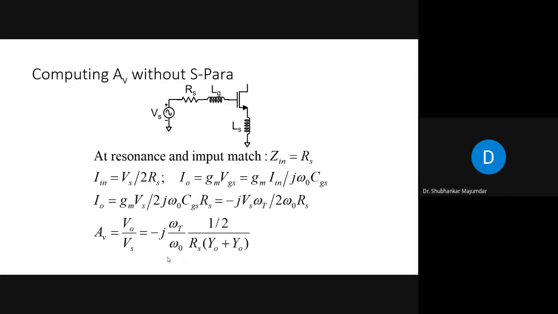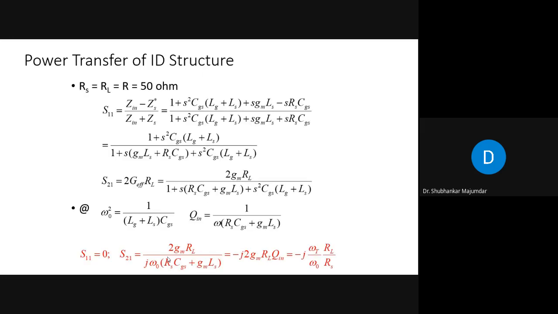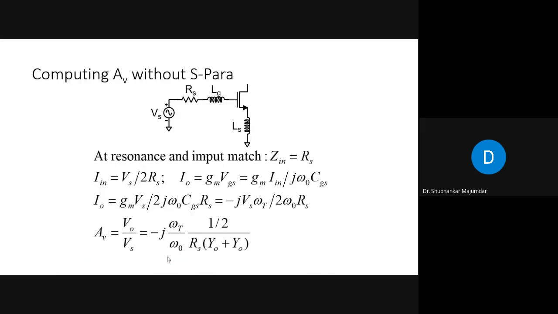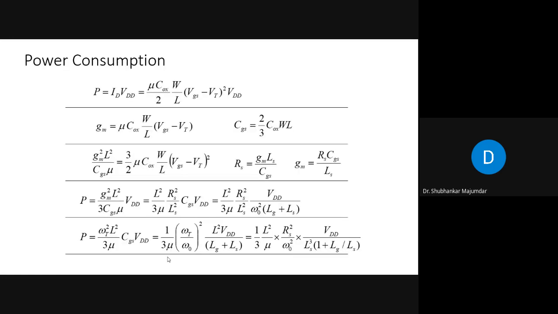If we calculate the gain with voltage and current, we can calculate it; this was with the help of S parameters, and this was without S parameter analysis. For the power consumption, we are always taking it in the saturation region, so we are utilizing the saturation equations here.